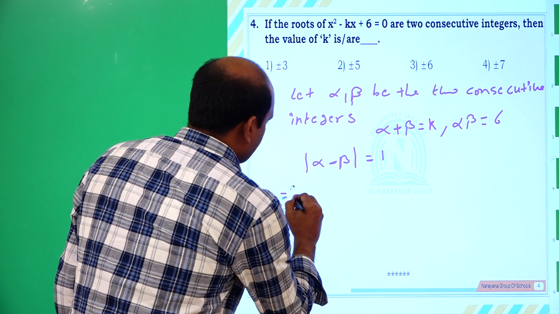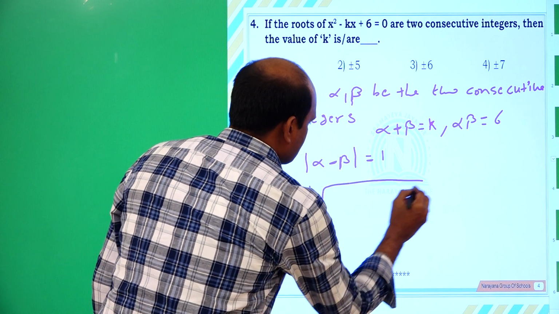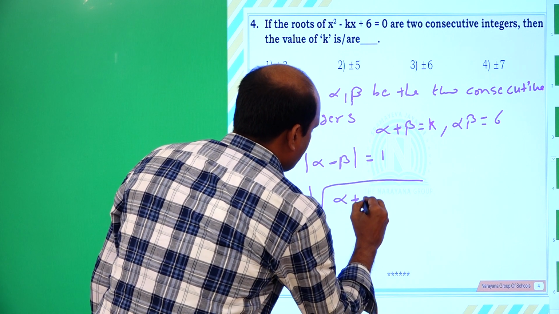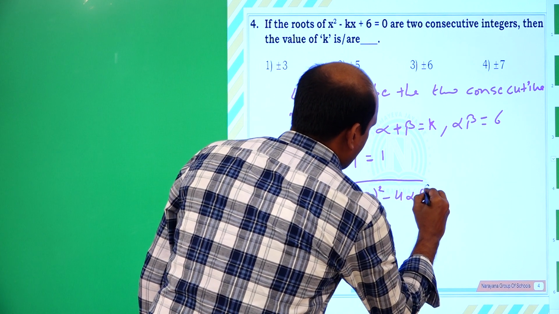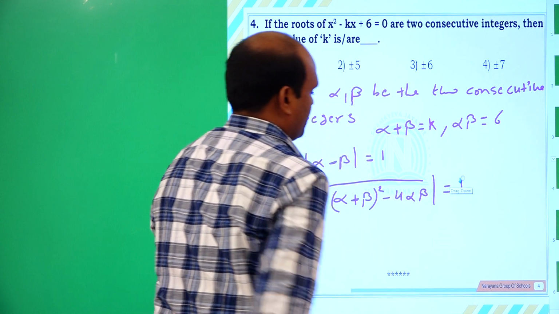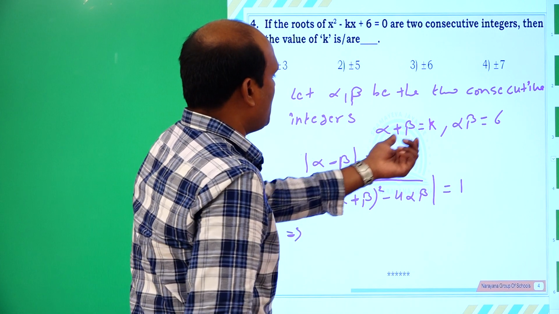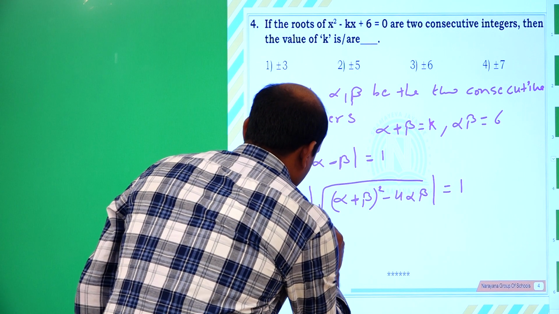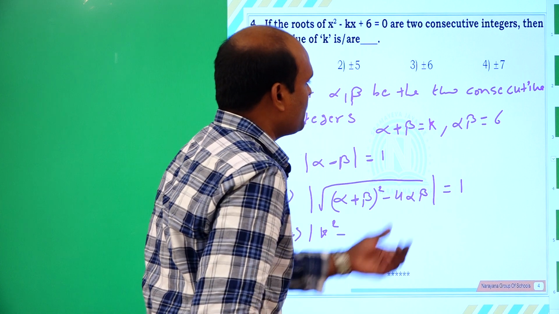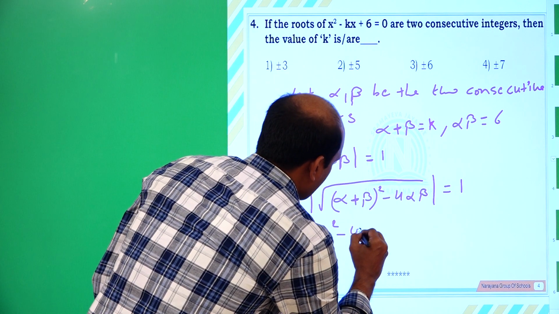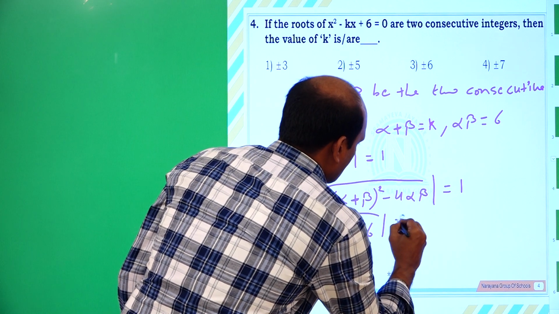That implies this modulus of alpha minus beta can be written as square root of alpha plus beta whole square minus 4 alpha beta is equal to 1. That implies alpha plus beta value, that is k, so modulus k square minus 4 into alpha beta value 6, 4 into 6 under root is equal to 1.